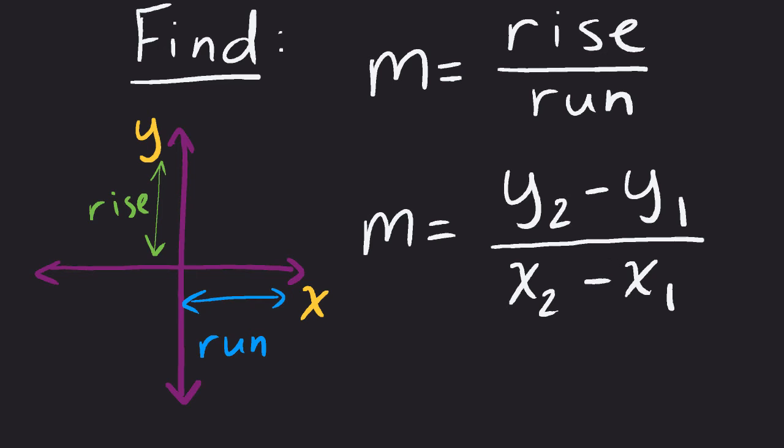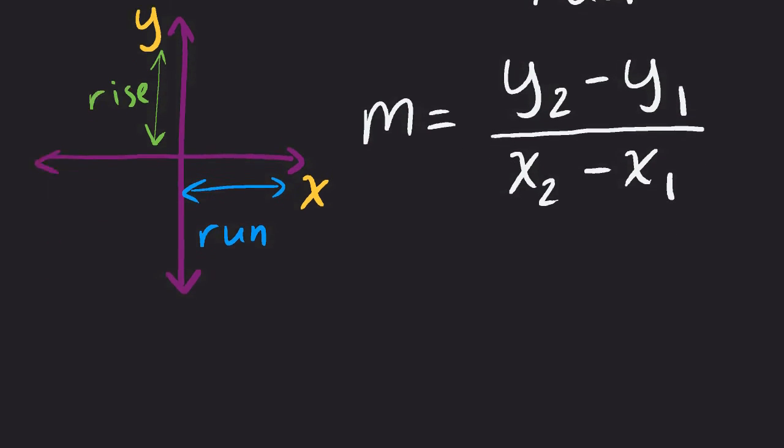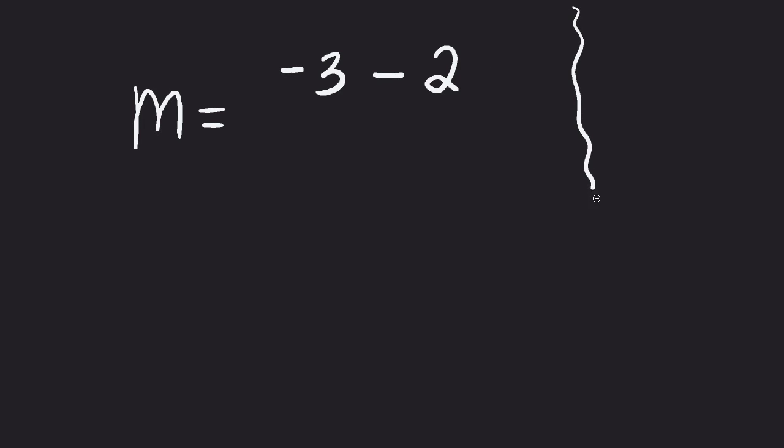Okay, so let's go ahead and apply that formula to our values. So I have m is equal to, now I'm going to use -3 minus 2. I'll go ahead and give you our points again off to the side so you can see these.